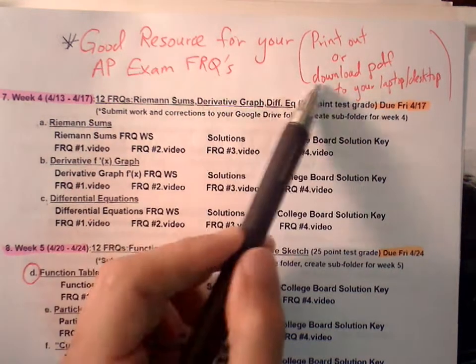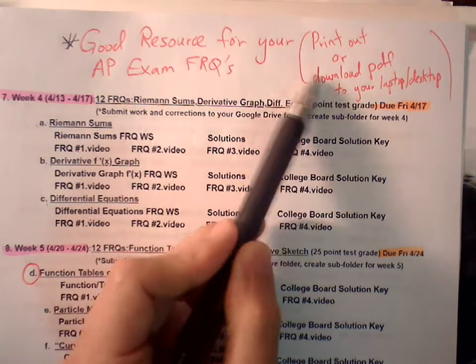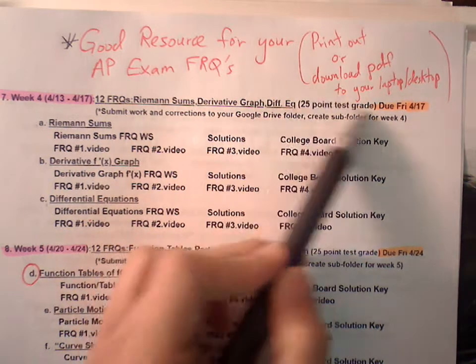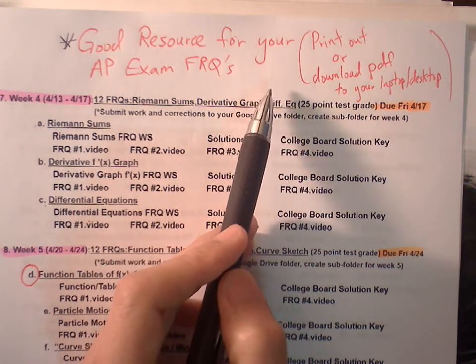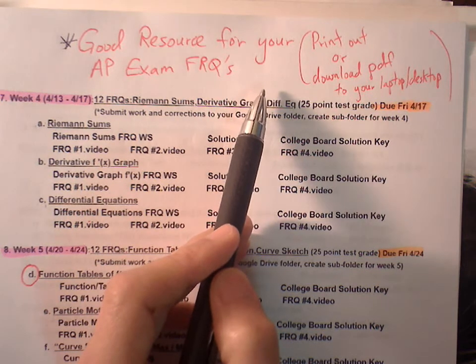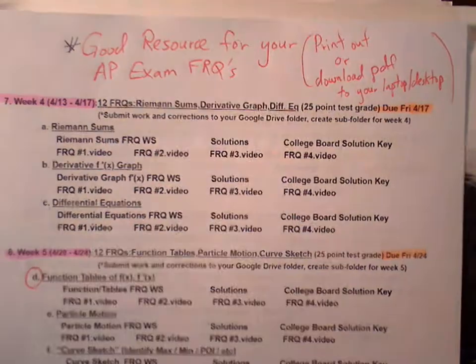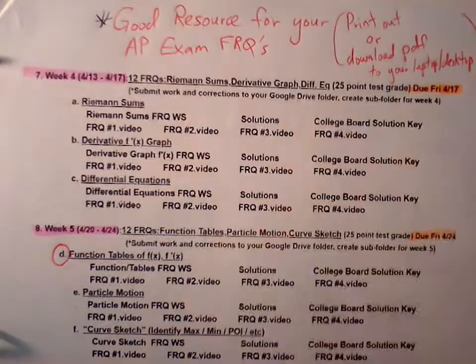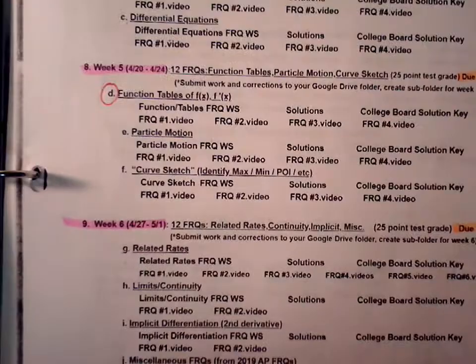Either you worked it out, or if you want, print out the solutions or download the PDF to your laptop and desktop, and have that all set up and ready, so you'll have everything in front of you as you're taking the AP exam. Weeks 4, 5, and 6 are the ones that you have been working through these last few weeks.